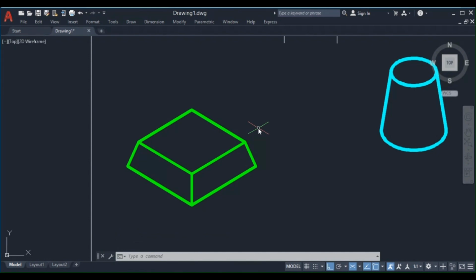Bit number 1, the axis of the frustum is vertical. Bit number 2, the axis of the frustum is horizontal.